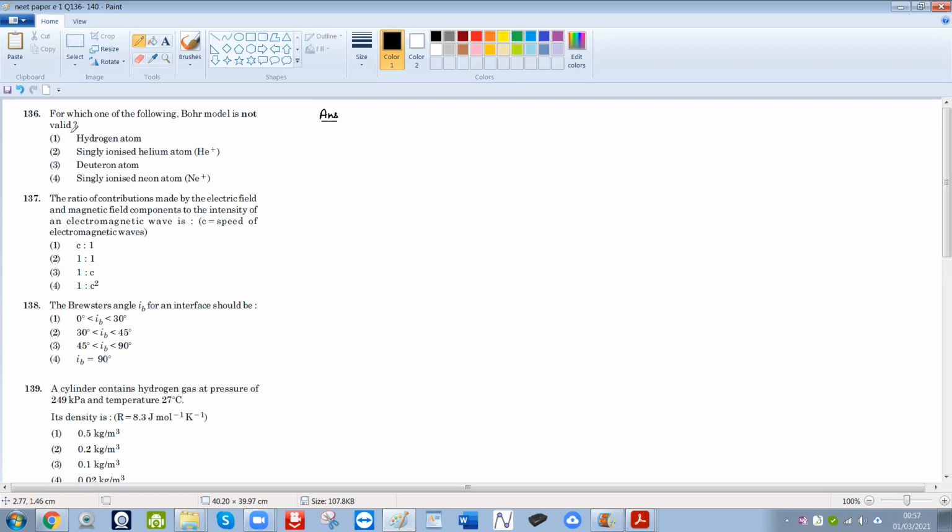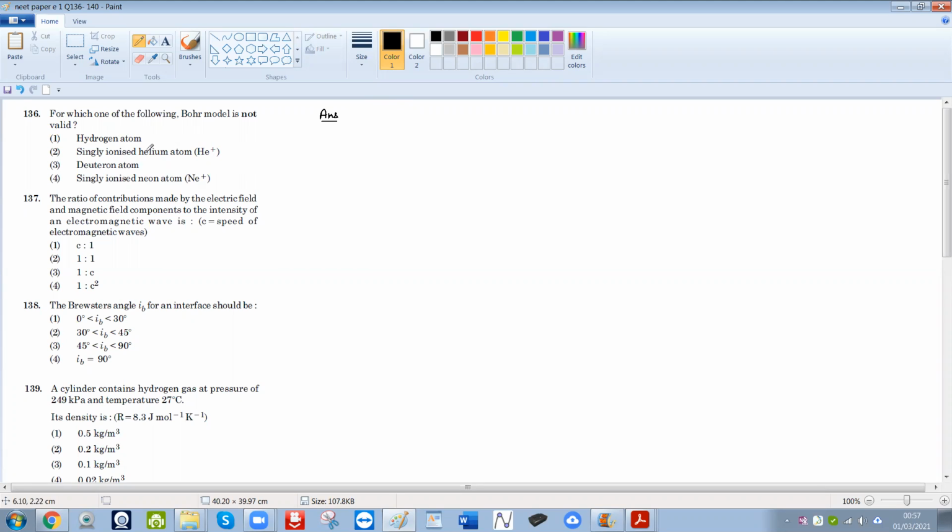it asks for which one of the following Bohr model is not valid. We know that Bohr model is valid only for single electron atoms or ions. So it is obviously valid for hydrogen atom.